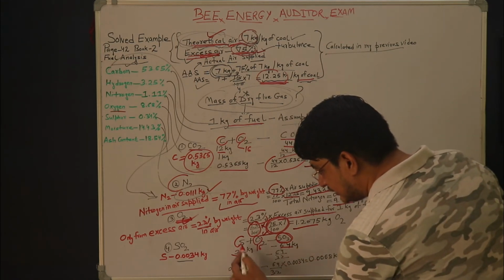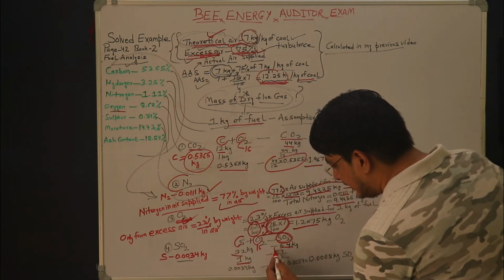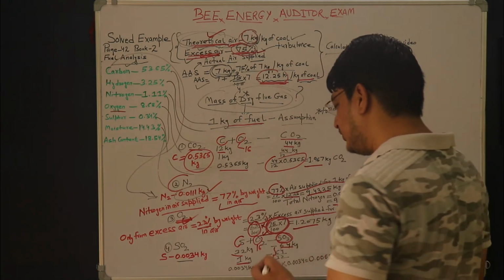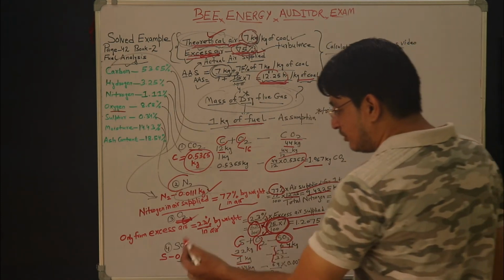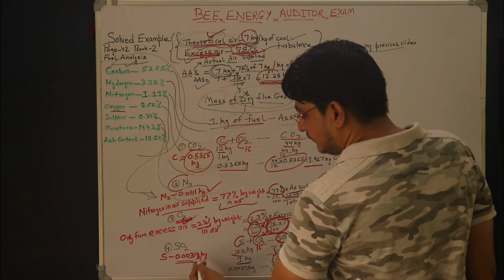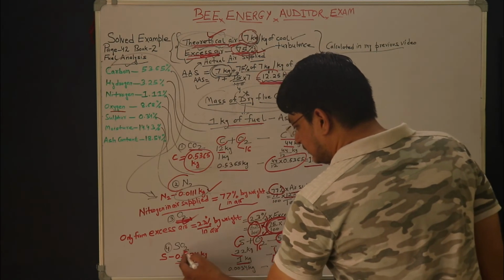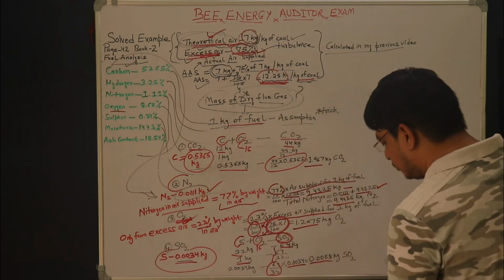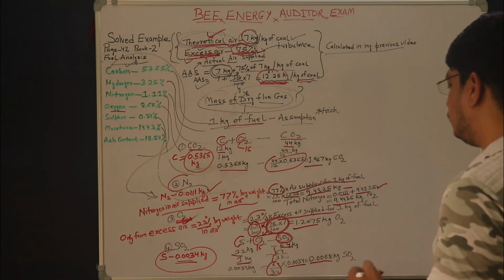From 1 kg of sulfur, you get 64 divided by 32 kg of sulfur dioxide using the simple unitary method. The amount of sulfur present in 1 kg of fuel is 0.0034 kg. So from this amount of sulfur, the sulfur dioxide will be 0.0068 kg.